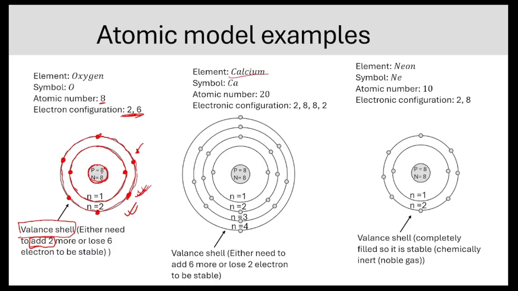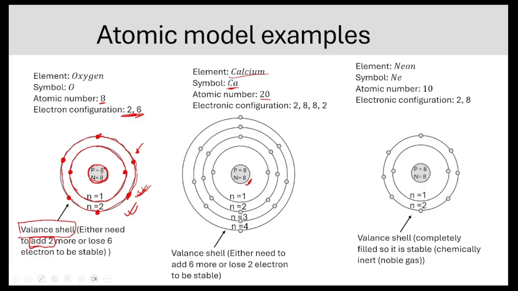The atomic symbol used to represent calcium is Ca, and the atomic number of calcium is 20. We will start with the inner circle.